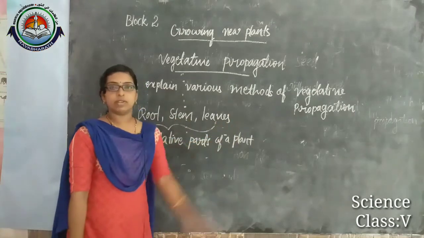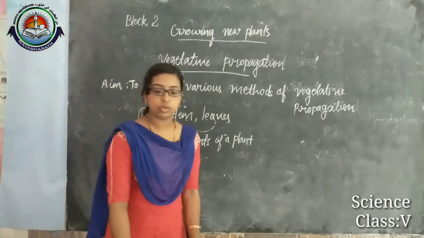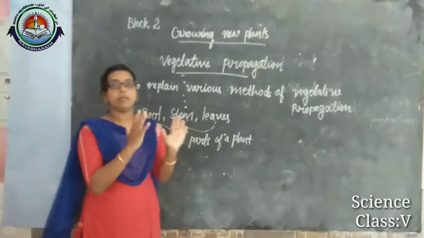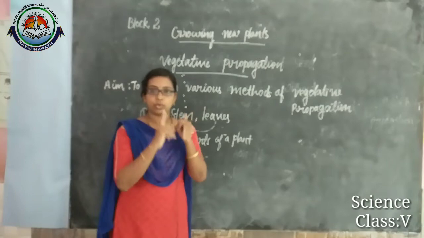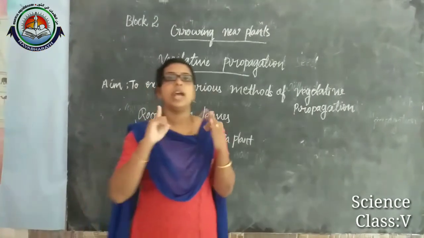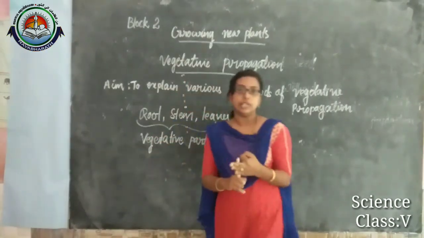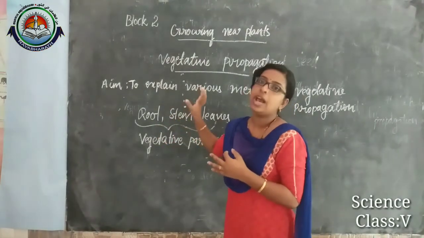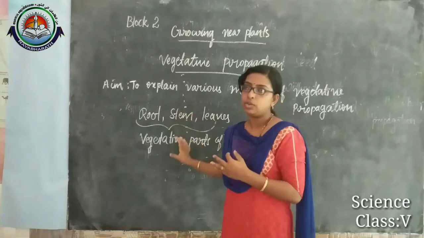You should also learn the examples for root, stem and leaves. These are the various methods of vegetative propagation, and you have to learn the examples too.